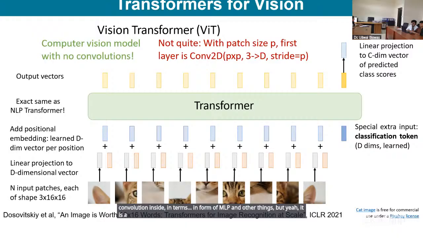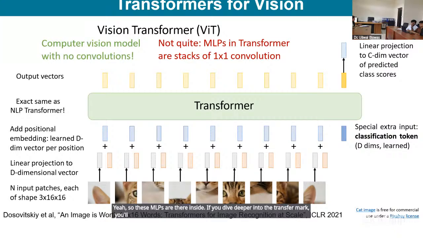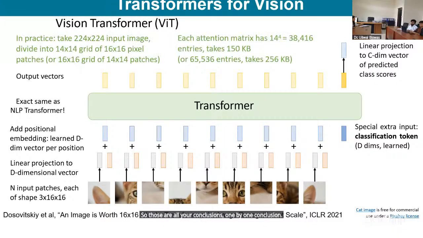If you dive deeper into the transformer, you'll find all these MLPs and fully connected networks and so on. Those are all your convolutions, one by one convolutions.